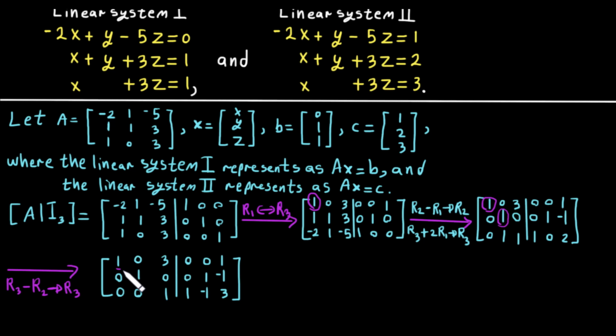Now here leading 1, here leading 1, here leading 1. So we have to make the rest of this column 0. So here this one has to be 0. So it should be 3 minus 3 equals 0. So here we have to multiply this row by 3, then we have to say 3 minus 3.